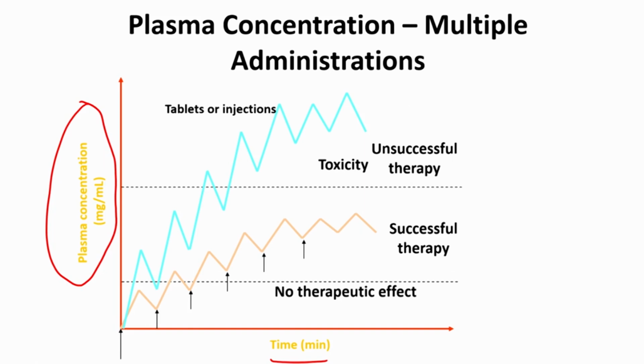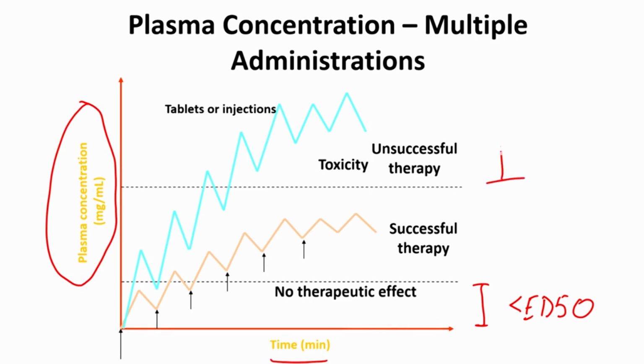Of course, for any drug, as we already discussed, there is an LD50 and ED50. This region here is essentially below ED50, which means that if you administer a drug at this point, nearly all the people you are administering it to will not show any kind of therapeutic effects.